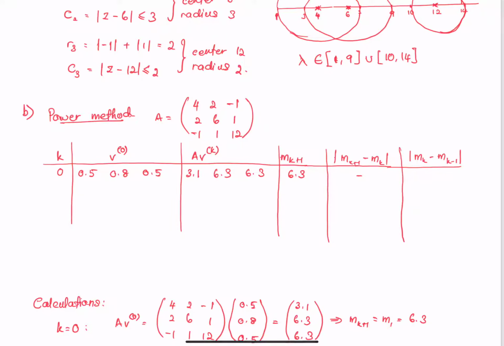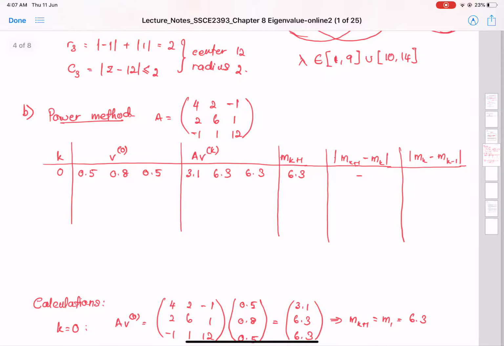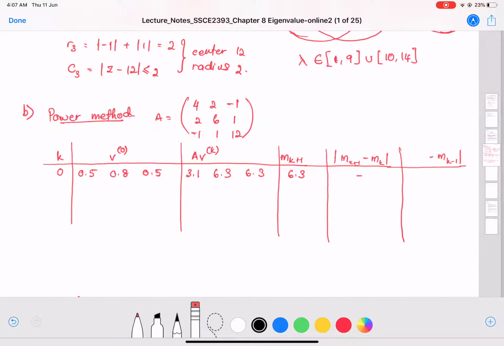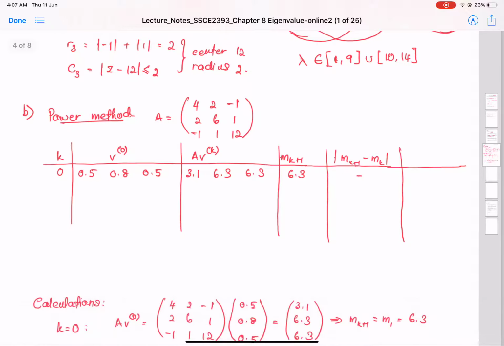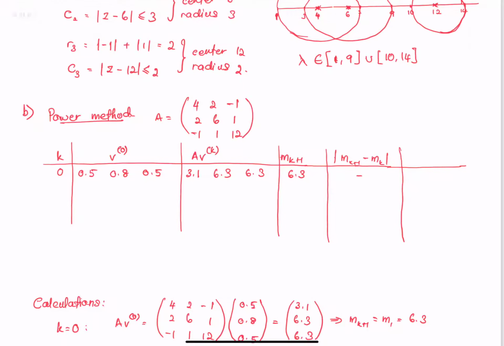Okay, and now we will have our MK. To use this stopping criterion, before that we must have our MK, otherwise we cannot use it. So here we can have an MK column, and then now let's say we want to use MK minus MK minus 1.